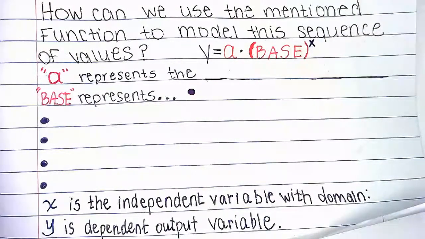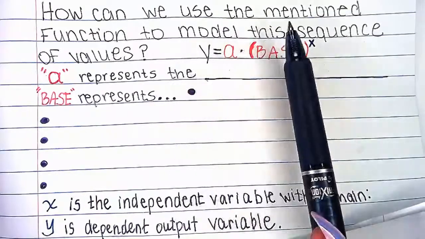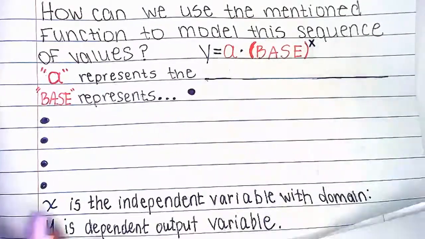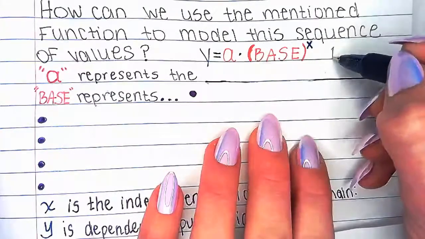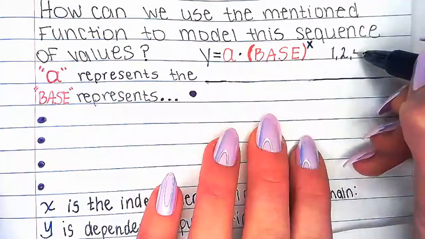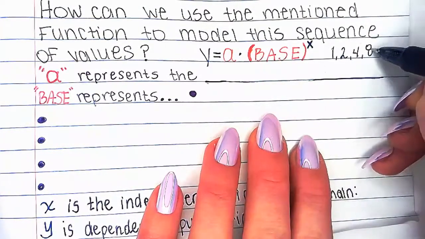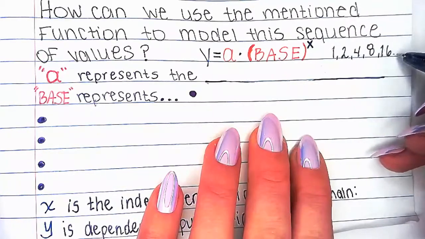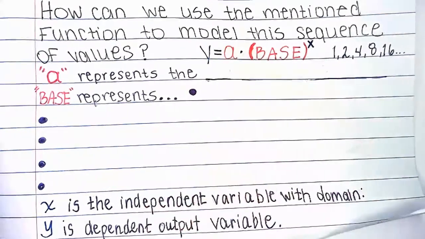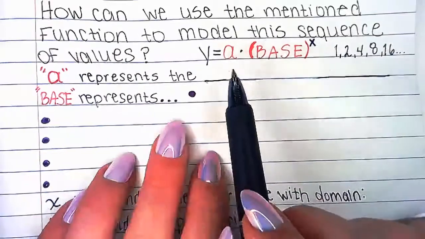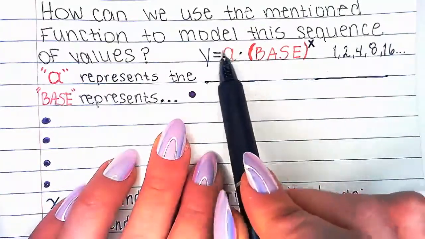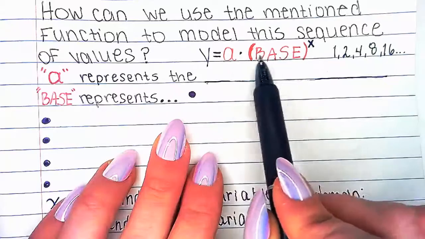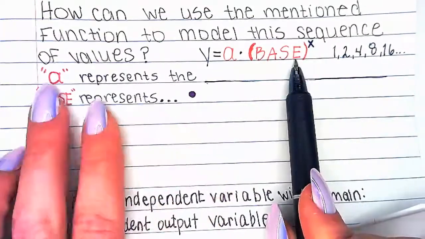How can we use the exponential function to model this sequence of values? So the sequence of values, just to reinforce it, was 1, 2, 4, 8, 16, and this is the exponential function, y equals some value of a times some base amount raised to the x power.